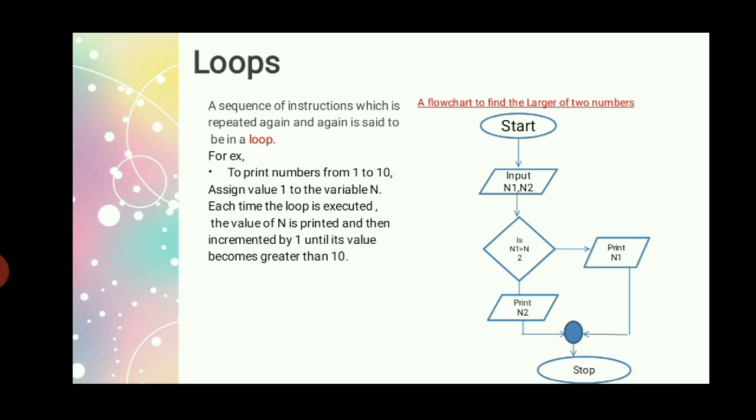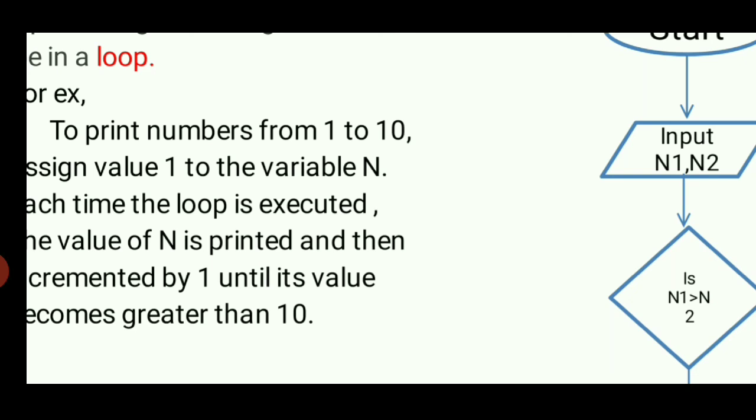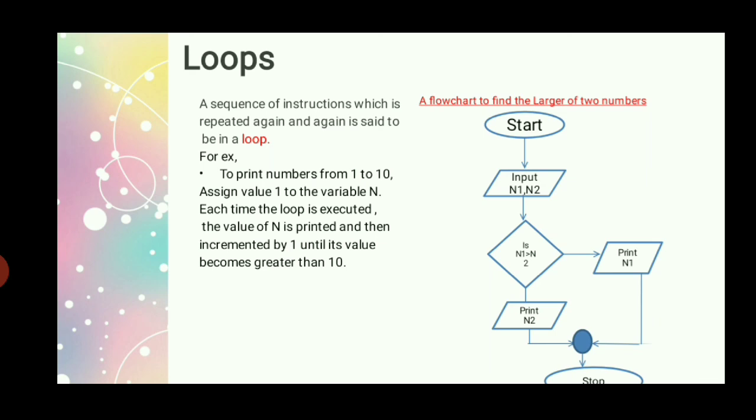Suppose the value of n is 1 initially, and then 1 plus 1 is 2, again 2 plus 1 is 3, 3 plus 1 is 4, like that. So it does this task until the value becomes greater than 10. You are doing the task with only one instruction and it repeats again and again until the condition is false. Your condition is n is greater than 10. When this condition is met, it will stop.